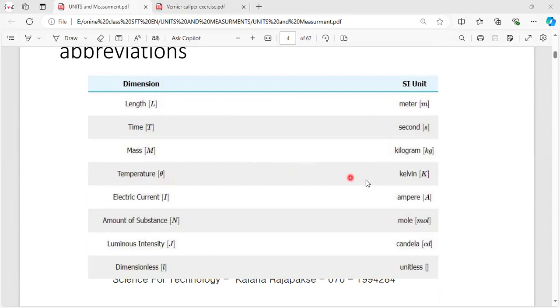Theta is measured through capital K, Kelvin. The electric current, capital I, is measured through amperes. Amount of substance, capital N, by the mole, abbreviated as mol. The luminous intensity, by J, is measured through the unit candela. Okay.